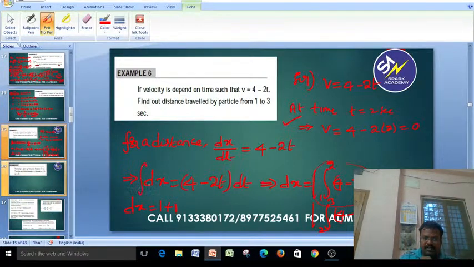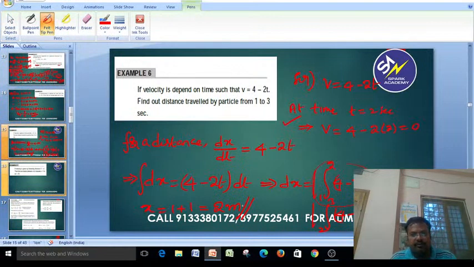So total distance traveled from 1 to 3 seconds, 1 plus 1, you will get entirely 2 meters it was traveled.